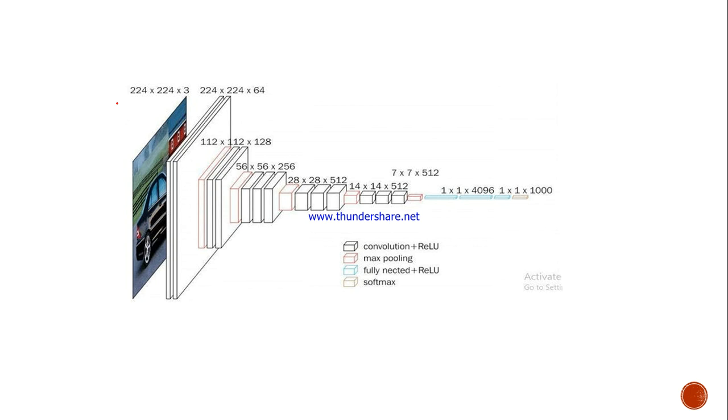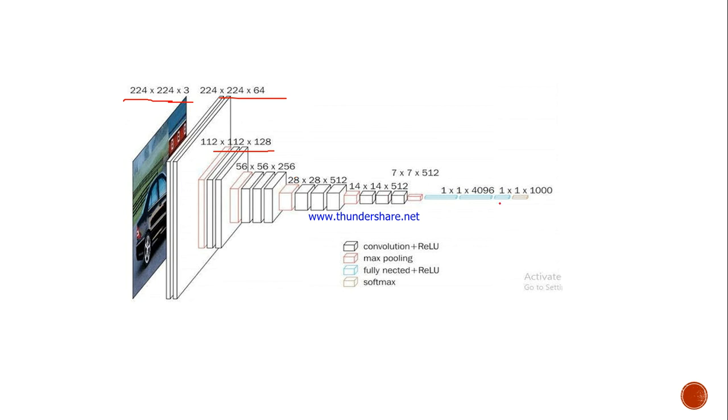So this is the general architecture of VGG16, which consists of a matrix format like 224 multiplied by 224 multiplied by 3, and another layer consisting of 112 multiplied by 112 multiplied by 128, and so on.